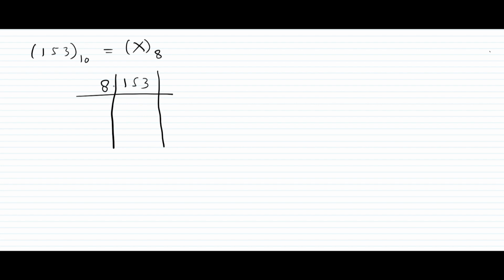When I divide 153 by 8, the quotient will be 19 and the remainder will be 1. You can write the remainder here also, no issue. See, 19 into 8 plus 1 is nothing but 153.